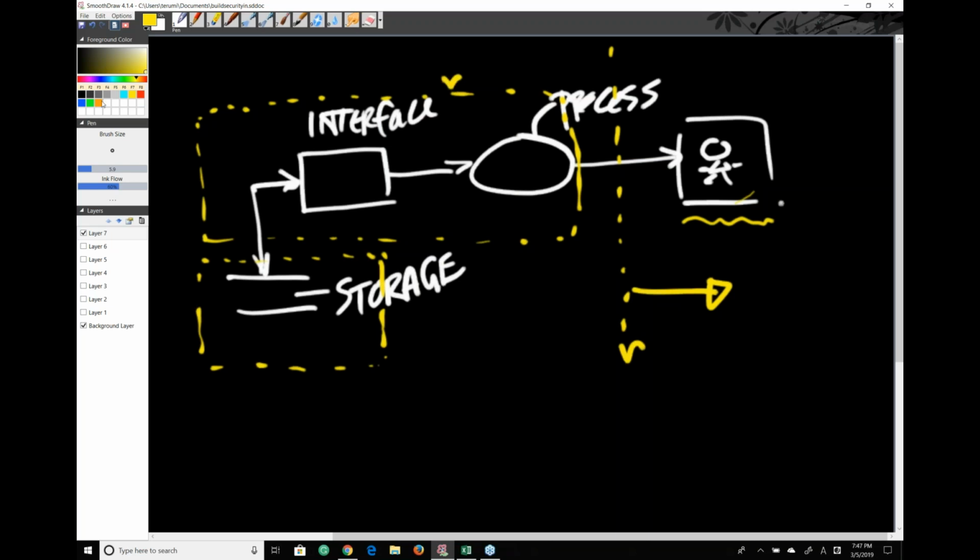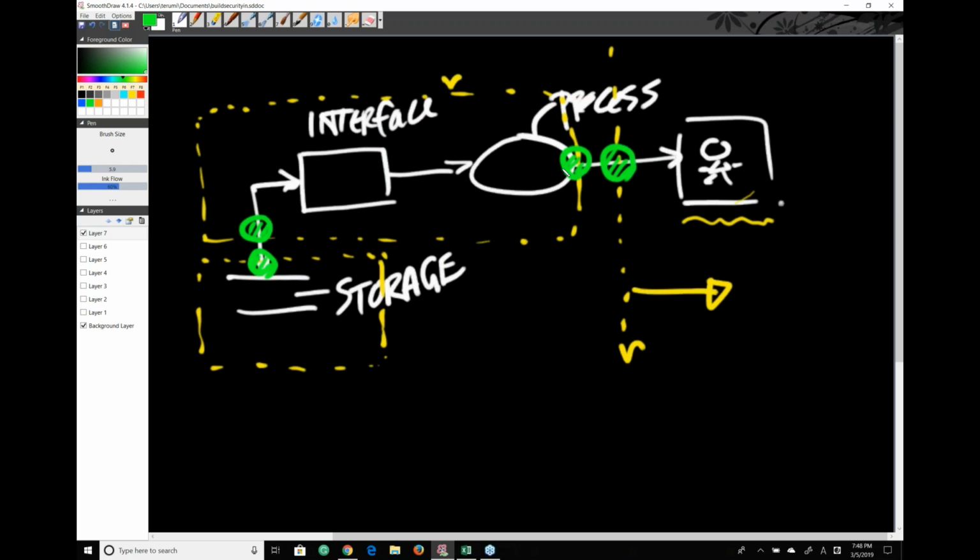You must, as a minimum, consider putting in security controls where the data flows across the boundary. So here, it crosses the boundary. Here, it crosses the boundary. And here, it crosses the boundary.